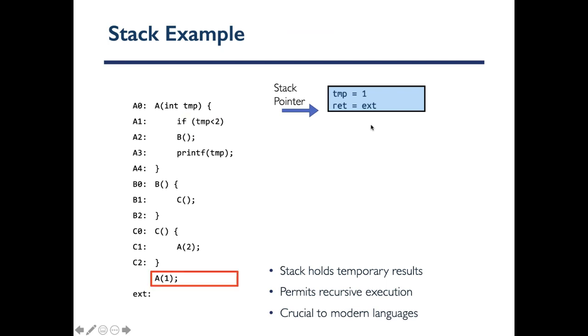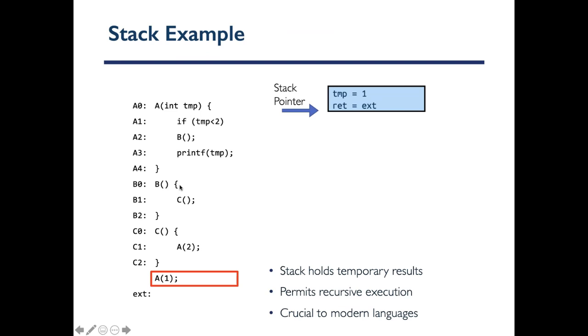Okay, so now let's look at this stack example. So here is the code. I have a function A that has an if, and given the input, it's going to make a decision to call B. So if temp is less than 2, it's going to call B and print temp.